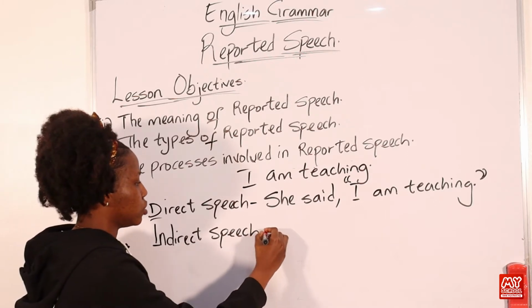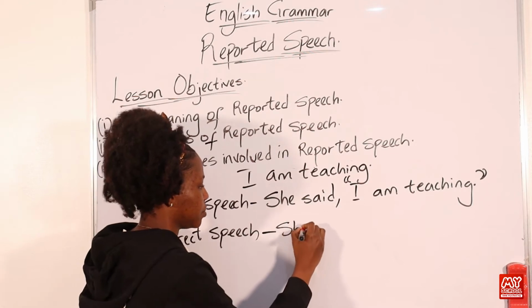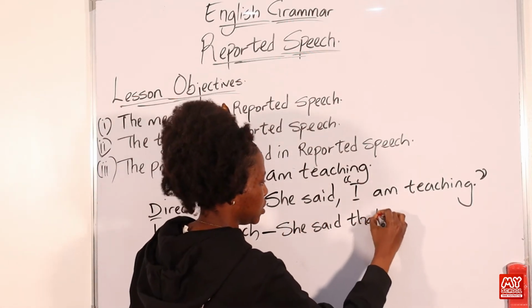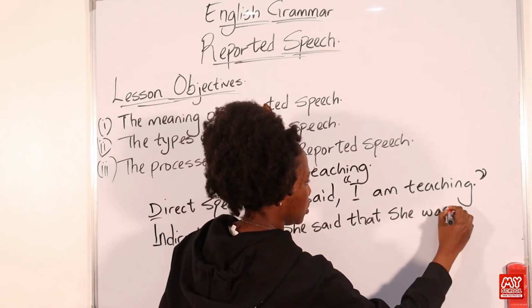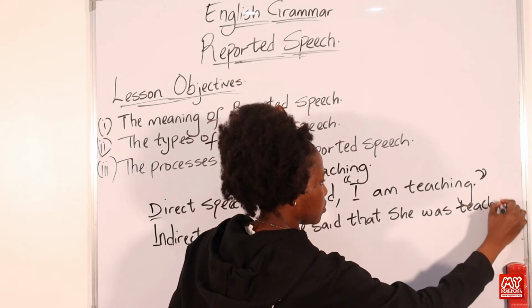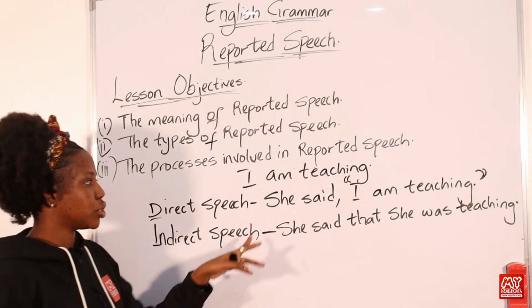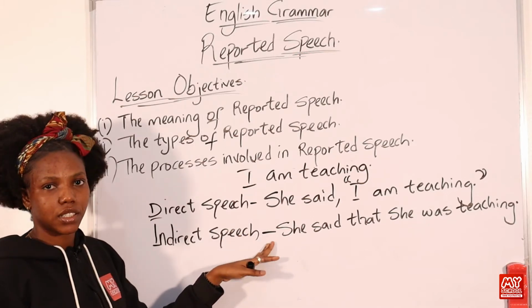If you want to make an indirect speech of this expression, say she said that she was teaching. So this is the indirect speech of this expression. So this is the direct speech and this is the indirect speech.